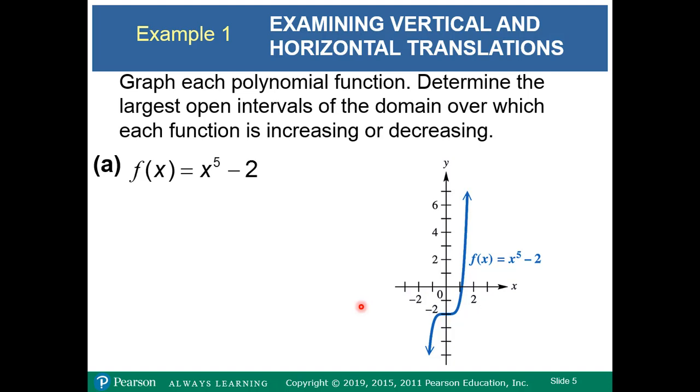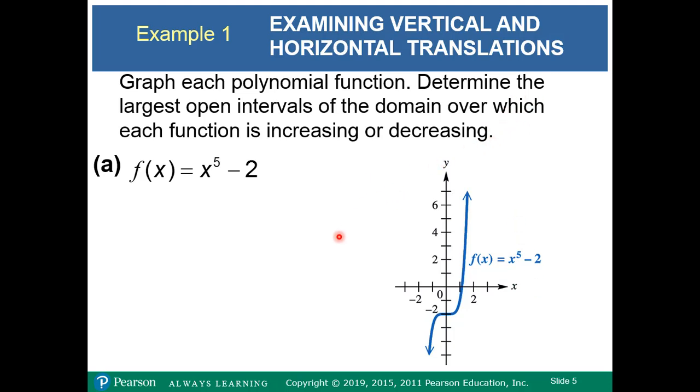So if we walk and we look left to right, this is what? It starts way, way, way down here, and it continues to go up, right? And then it flattens out here, and then if you keep walking, it continues to go up. In fact, no matter how far to the right you go, it's going to continue to go up.